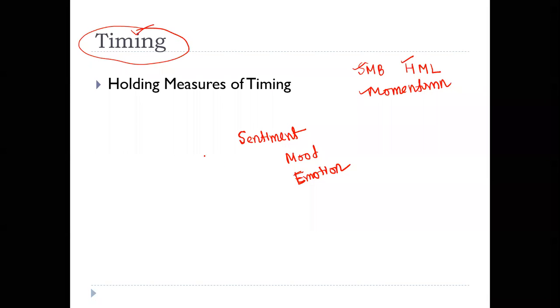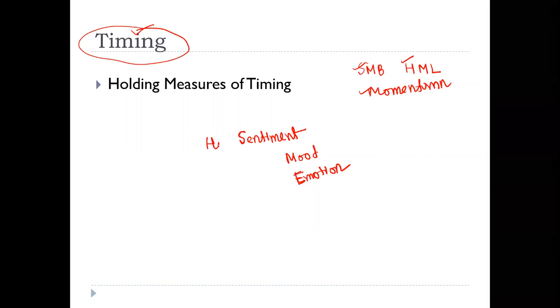So when we feel that investors have high sentiment, what are we expecting? People will have a high positive mood, a positive emotion. And when people have low sentiment, the opposite thing will happen.